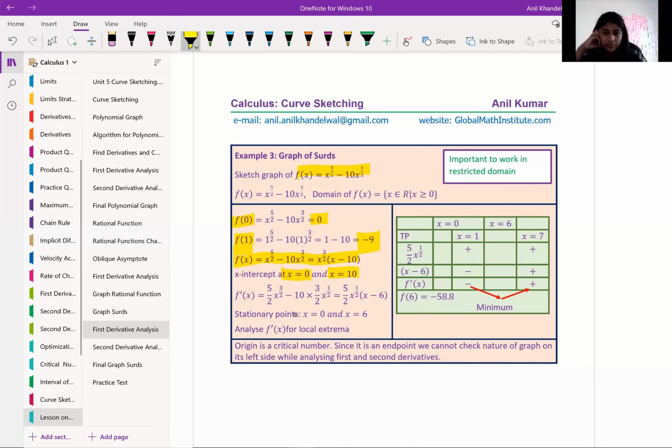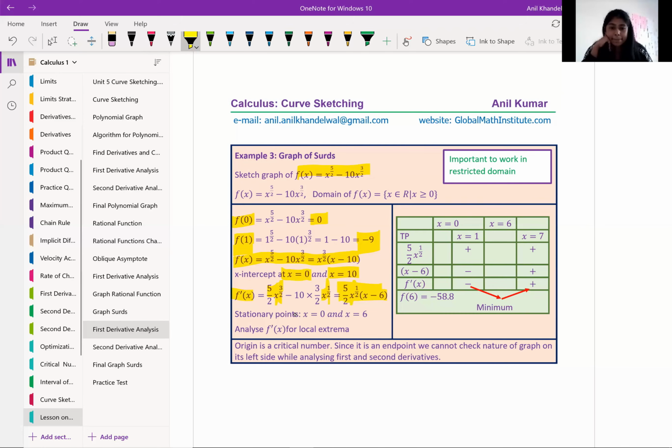Now, get into the difficult stuff of finding the derivative of these radicals. When you do the derivative, you can use each term, so just the power rule can work for you. You get 5 over 2, x to the power of 5 over 2 minus 1, which is 3 by 2. And then you do 3 by 2 times x to the power of 3 by 2 minus 1, which is half. So you get the derivative.